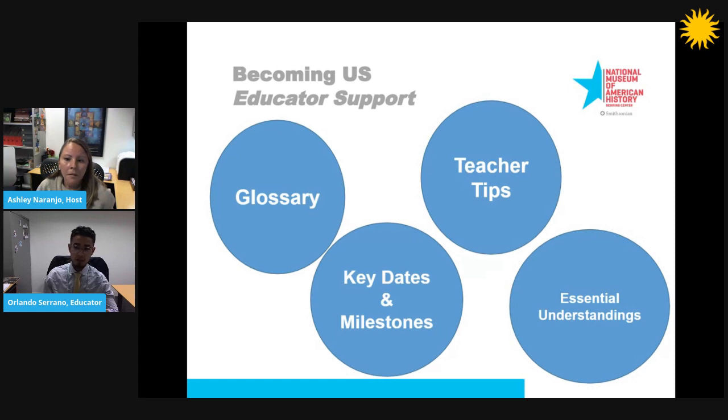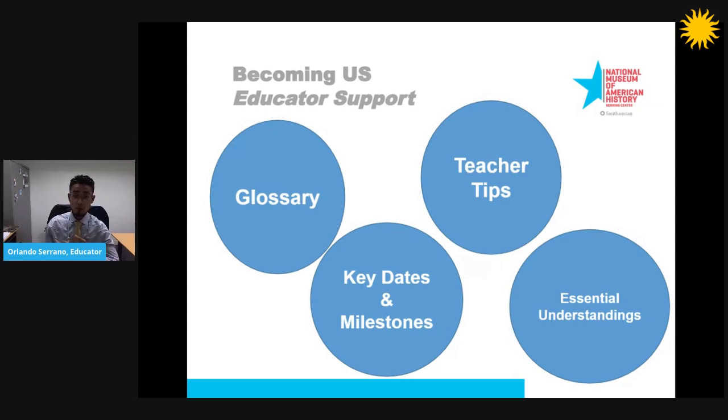And then we have an essential understandings guide, which is built off of 2 different projects. One, the NCSS 10 themes for historical study, but then more specifically, we do want to recognize that the National Museum of the American Indian has put together an incredible set of resources called Native Knowledge 360 that also does a lot of the work that we do from a Native American perspective.